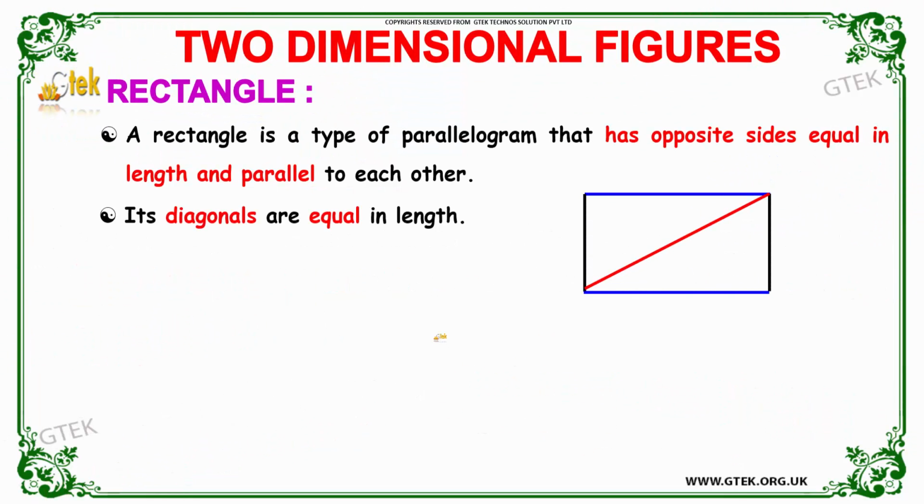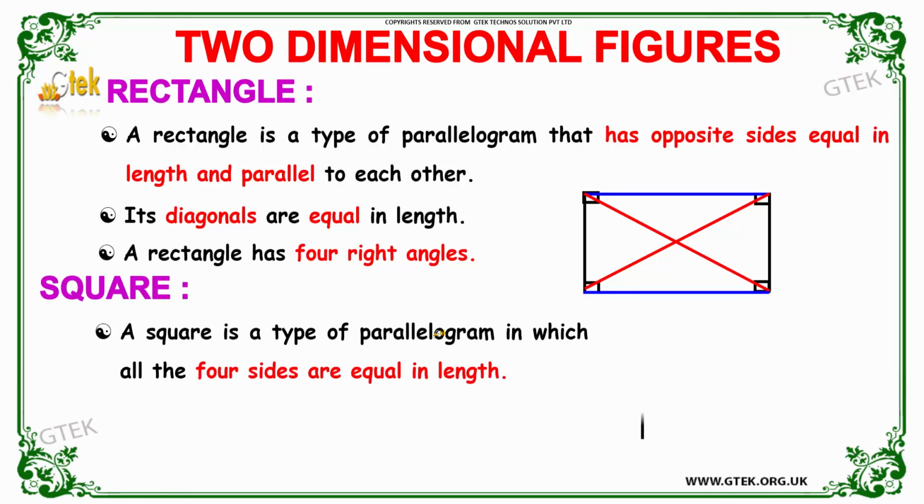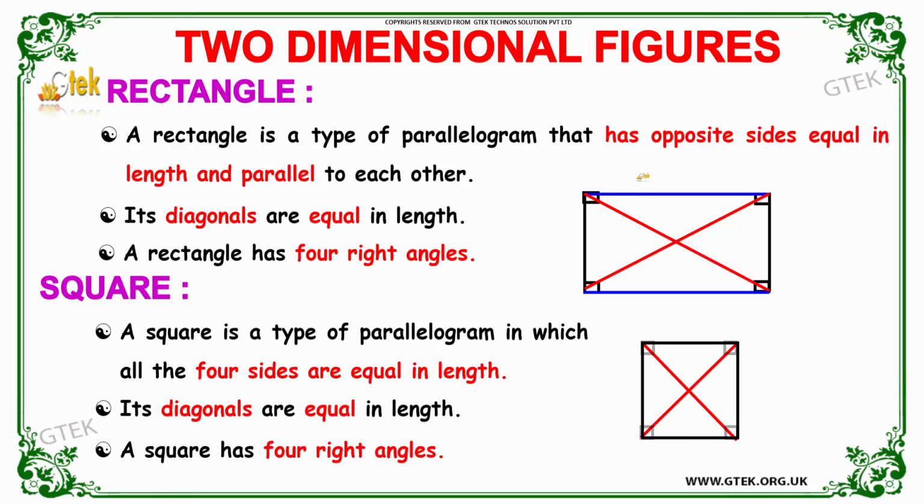Next we are going to study about rectangle. Rectangle is a type of quadrilateral as it has 4 sides, and it is a type of parallelogram which has the opposite sides equal and parallel to each other. So it has equal length and they will be parallel.